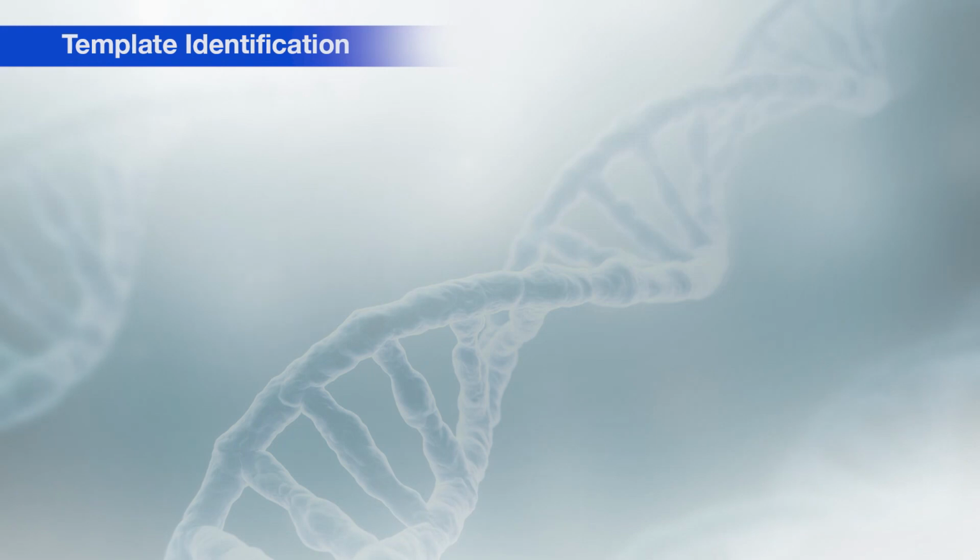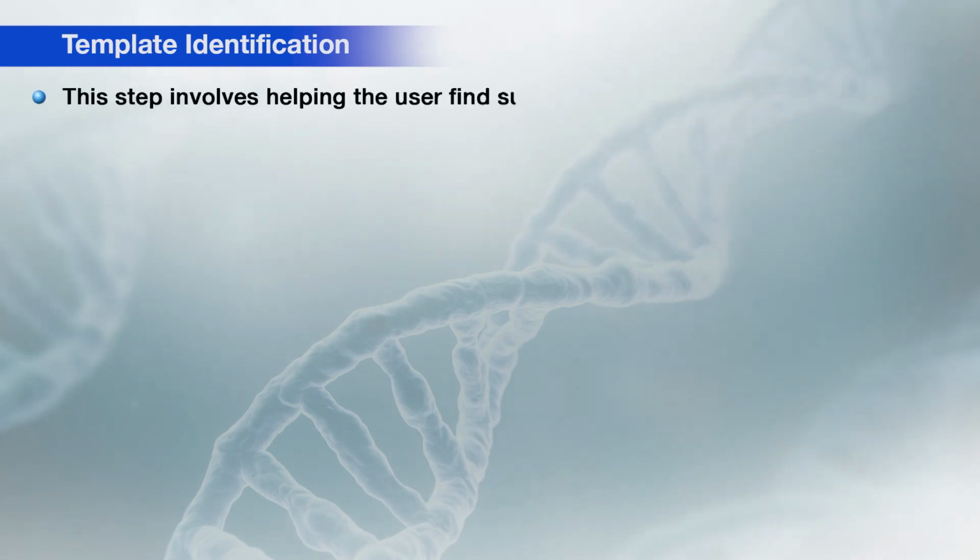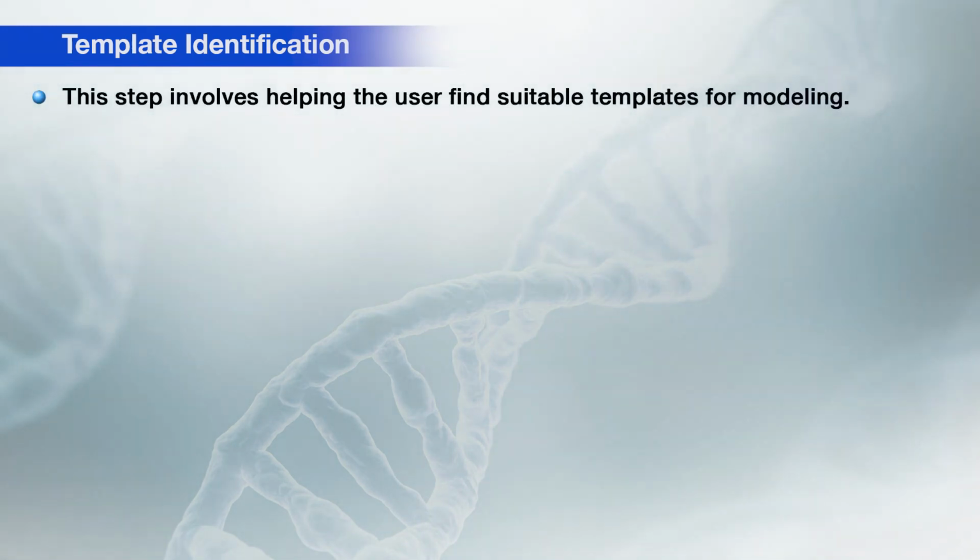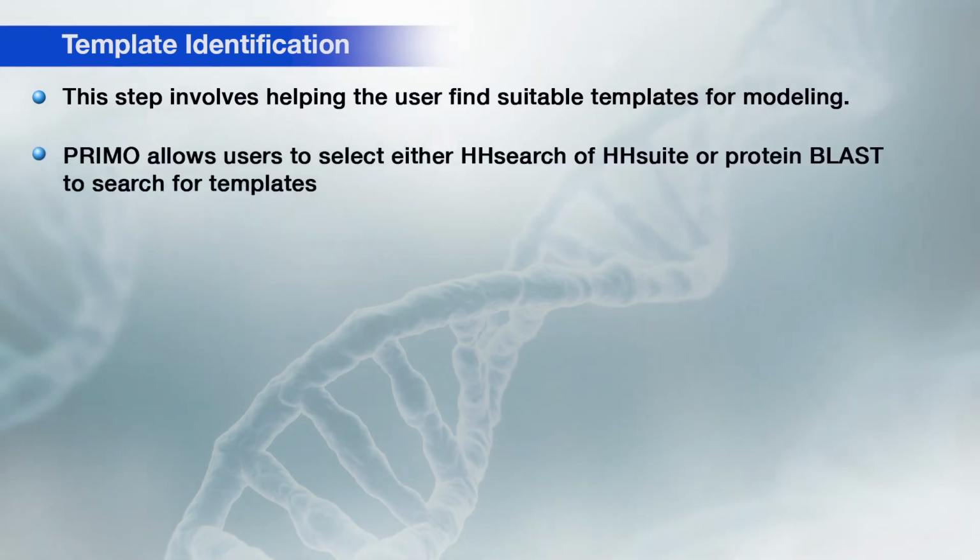This includes template identification. This step involves helping the user find suitable templates for modeling. PRIMO also allows users to select either HHsearch or HH-suite or Protein BLAST to search for templates.